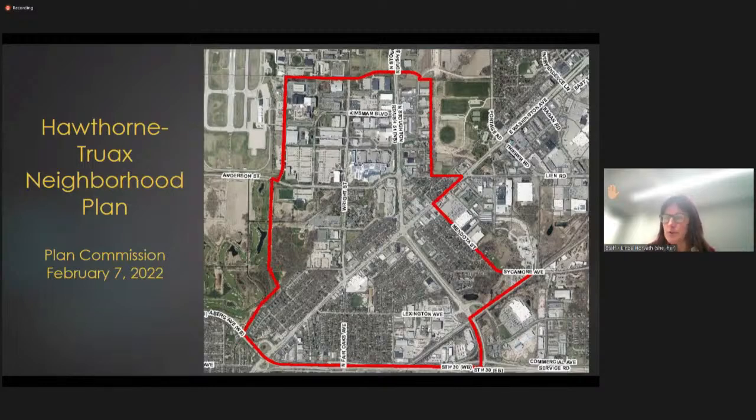So the processes are not quite aligned the way we would ideally like them to be, but we're going to try to collaborate as much as possible. Part of it is education for the community members that we are working with on this plan, to let them know that the redesign process is getting underway and make sure they know how to plug into it if they want to be a part of it.